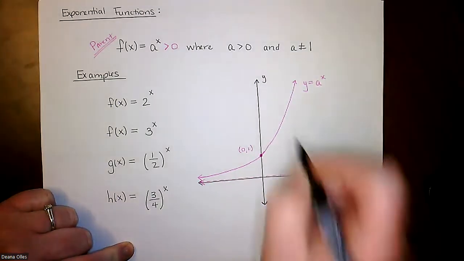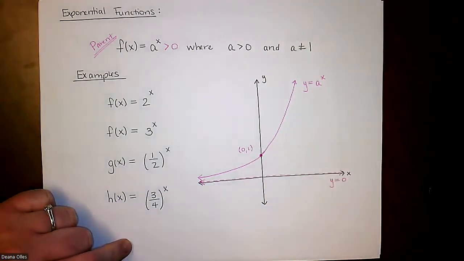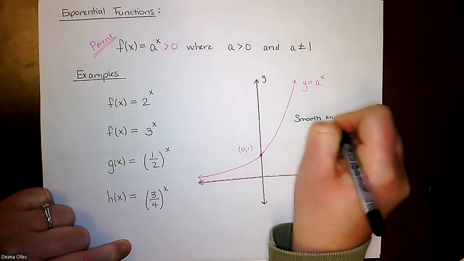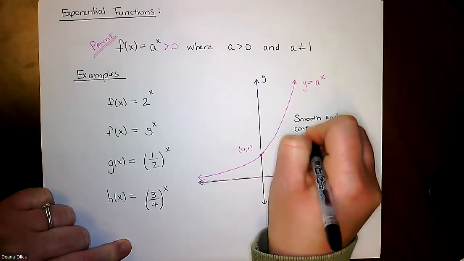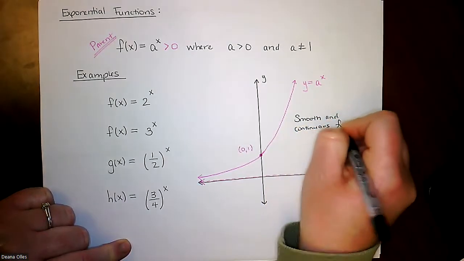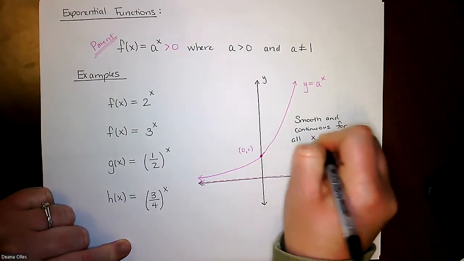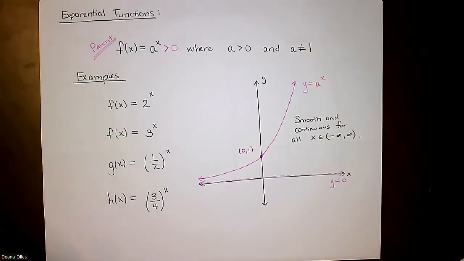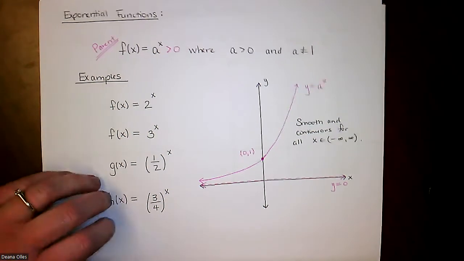Okay, so how did I write it before? Smooth and continuous for all real numbers. So for all x in the real numbers. Again, meaning we can differentiate an exponential function at any real number.